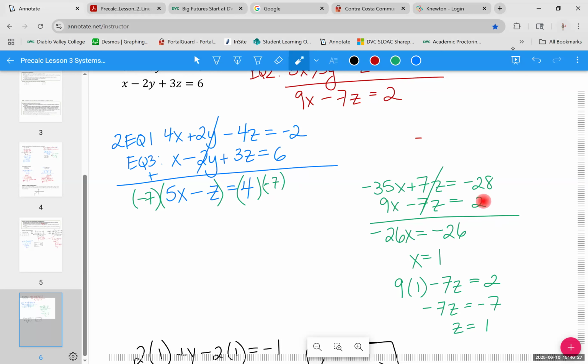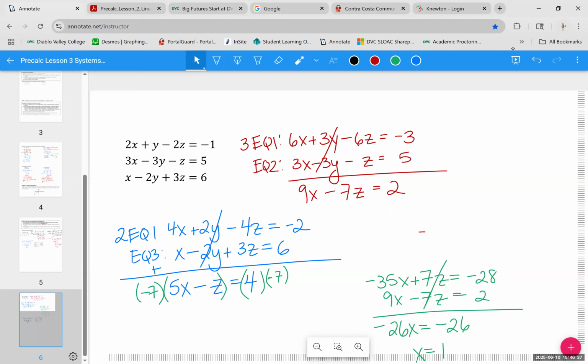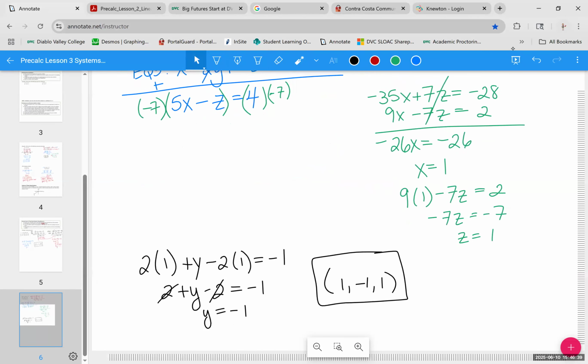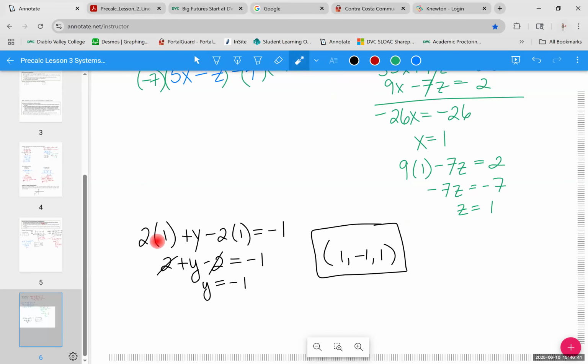Plug that x back into this equation to find my z. And then last but not least, I took equation 1 here and I substituted in the x and the z that I had found in order to solve for y, and I got my y. 1, -1, 1. I did double check those, and they all worked out in all three equations.